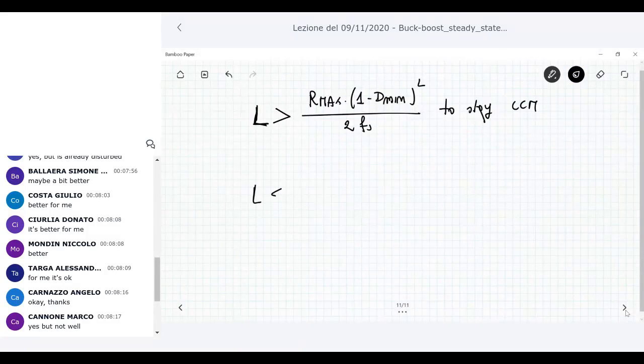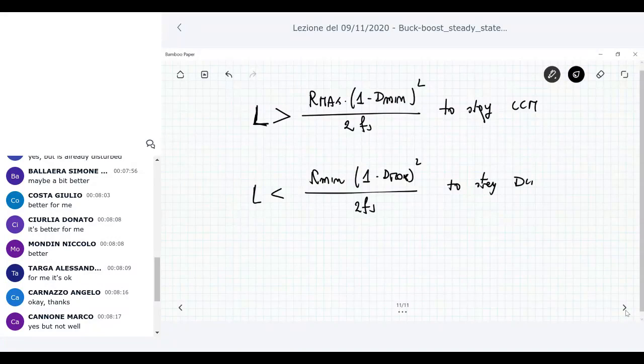Or L should be less than R (1 - D maximum)^2 over Q Fs to stay in DCM for the entire interval, D minimum to D maximum.